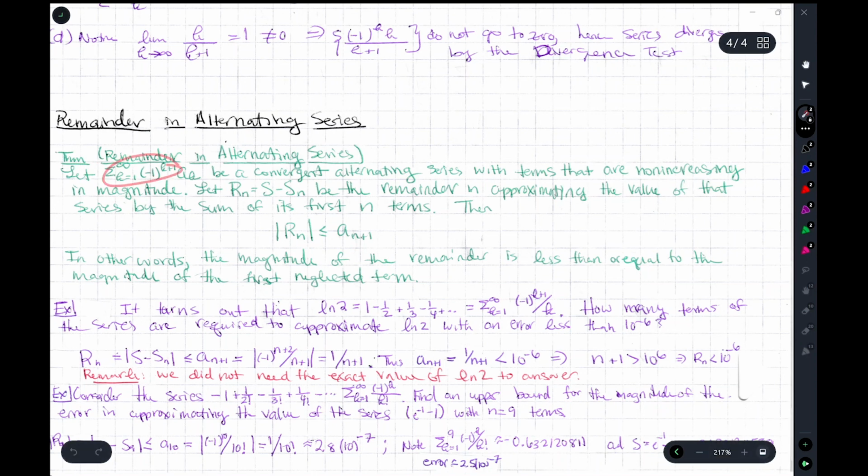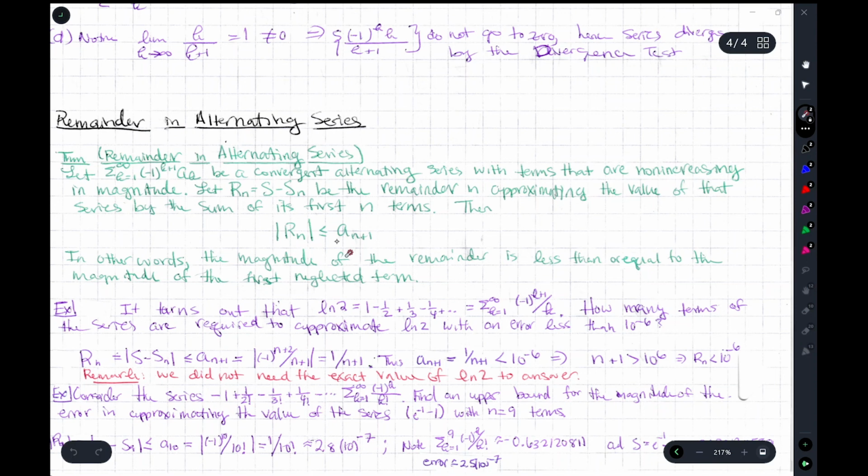Let our infinite series be expressed this way, a convergent alternating series with terms that are non-increasing in magnitude, okay? Let Rn be the remainder. Again, this is what's left out, the terms that are left out beyond the nth term. Approximating the value of this series by the sum of its first n terms, okay?